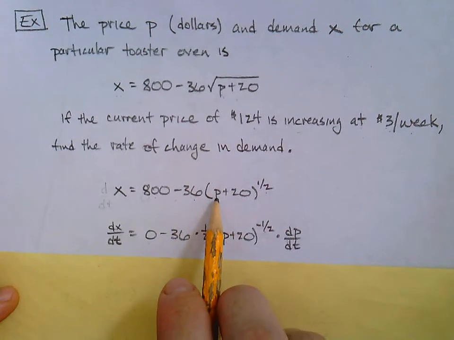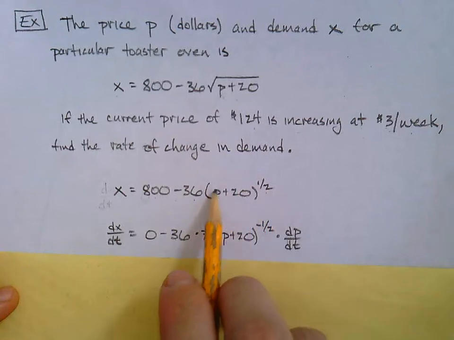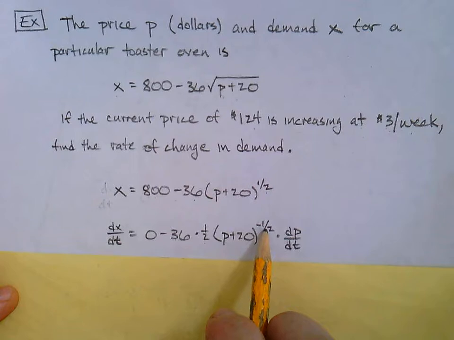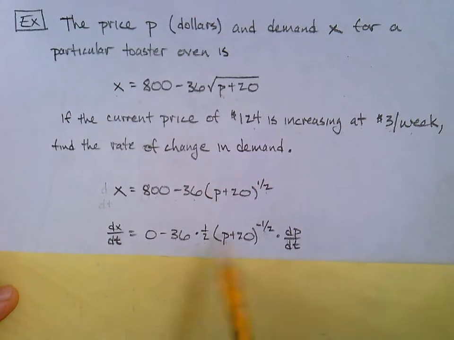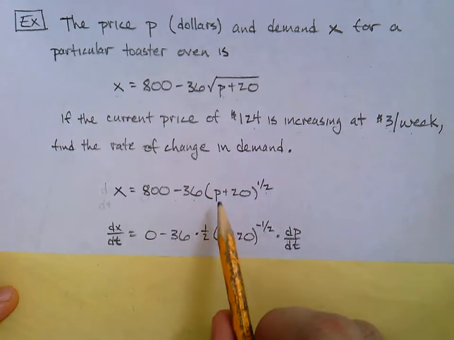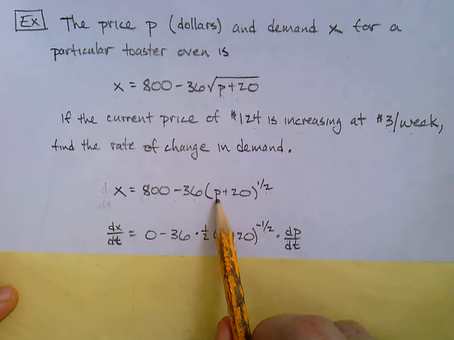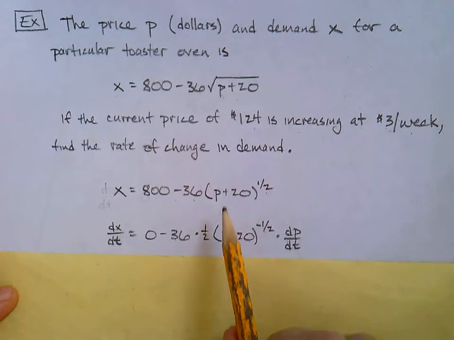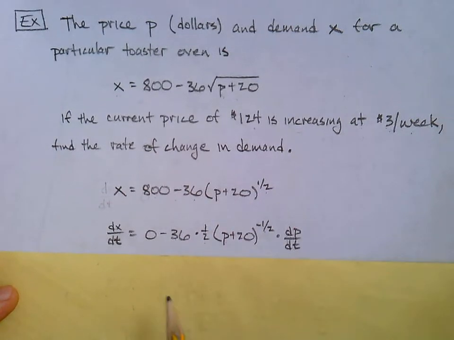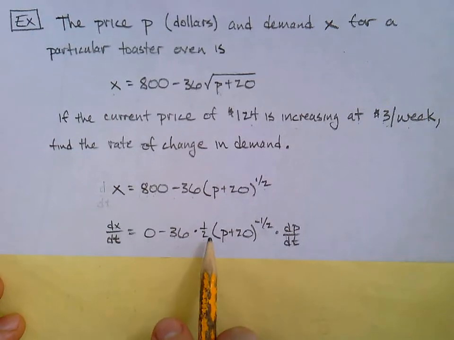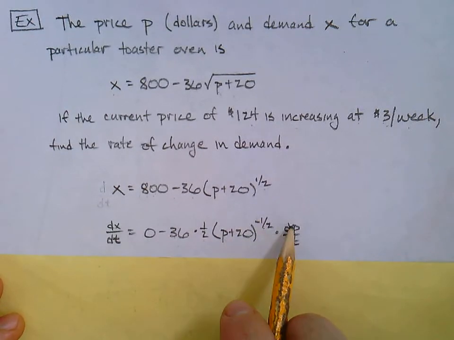And then the derivative of (P plus 20) to the 1/2 is 1/2 (P plus 20) to the negative 1/2. Then there's a chain rule here. Then multiply by the derivative of P plus 20. The derivative of P is dp over dt. The derivative of 20 is 0. So there you go: 0 minus 36 times 1/2 (P plus 20) to the negative 1/2 times dp over dt.